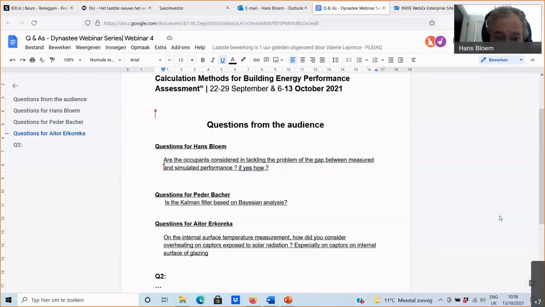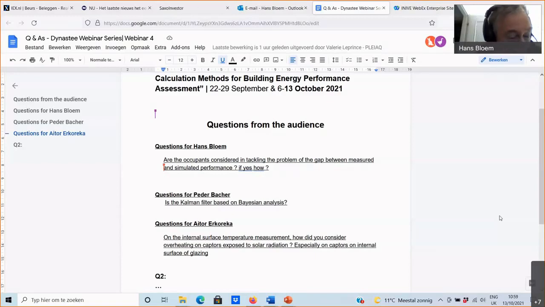There are also studies that have been carried out by laboratories that show that even the way of construction, the way of renovation, gives a difference between the calculated value and the measured value for the performance.